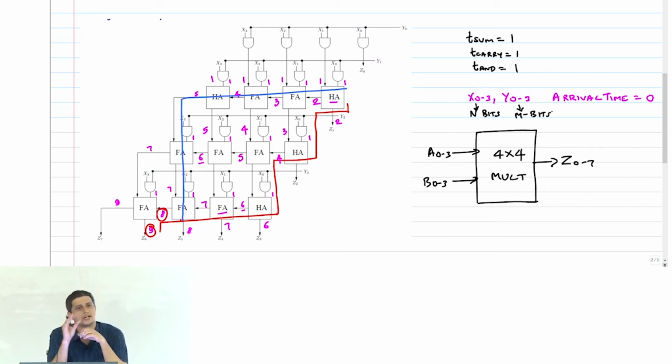Okay, now let's not assume T sum, T carry and all that equal to 1. We will write it in terms of that delay. So what is the delay? What you do is you just track this blue line here, right? How many carry paths does it have to go through?